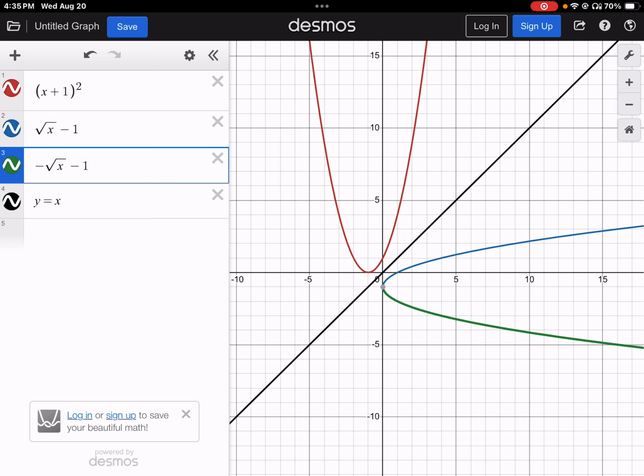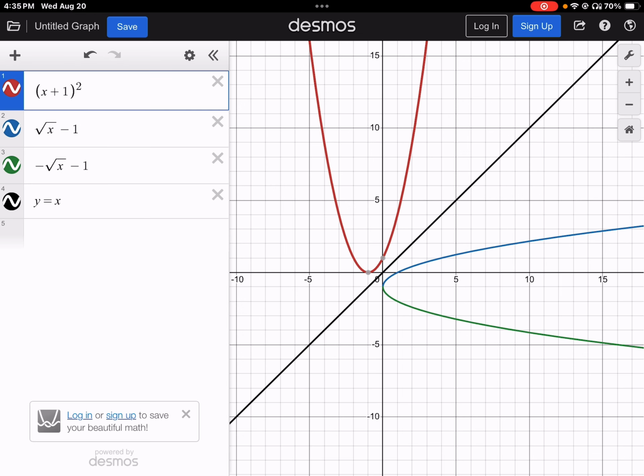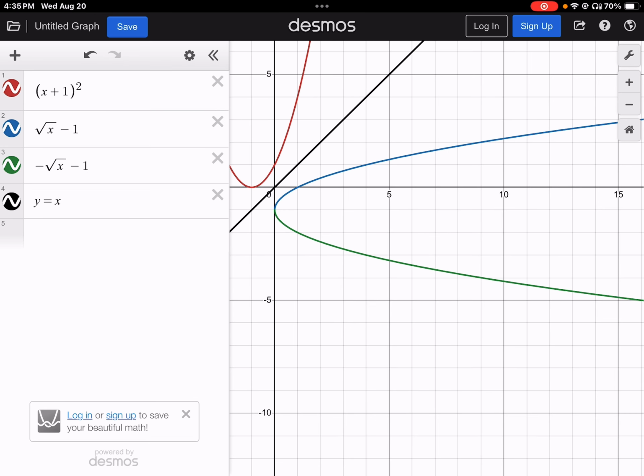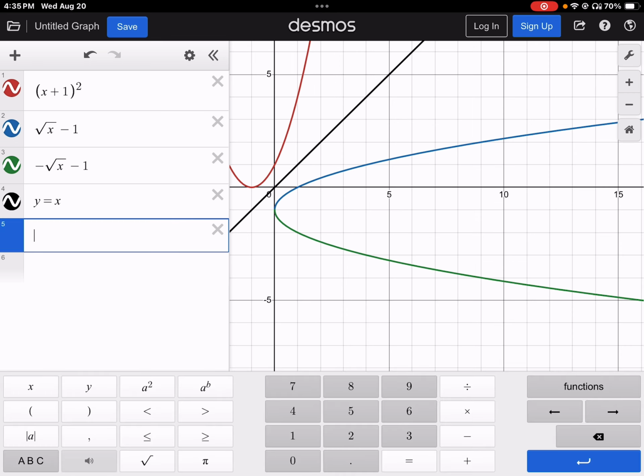The problem, and we can actually see that over here with the fact that I had to use two different equations, is that when I take my entire quadratic and I invert it, I get this sideways parabola shape. The unfortunate bit here is that this sideways parabola shape is not a function. We know that in order to be a function, you can only have one y value per x value.